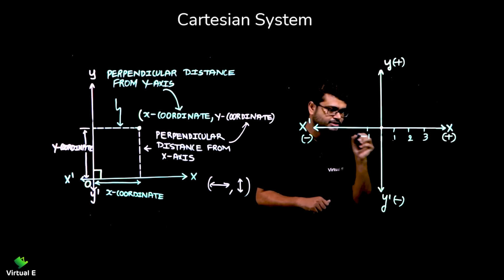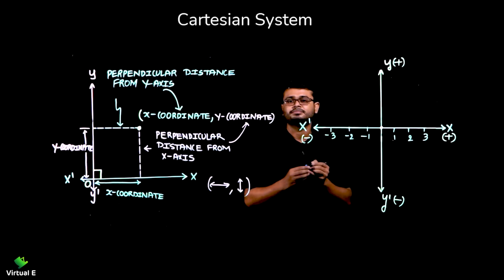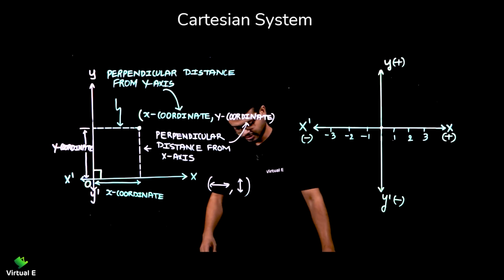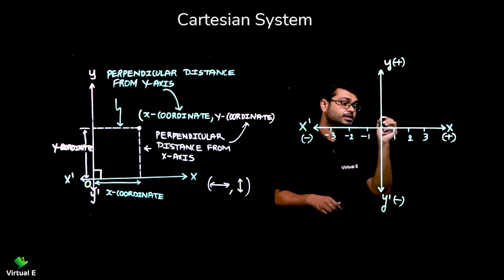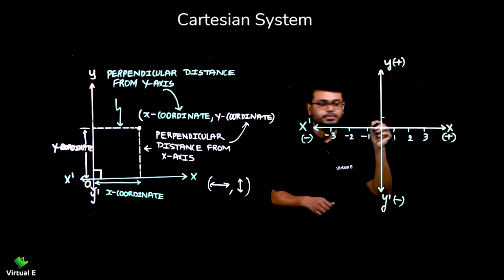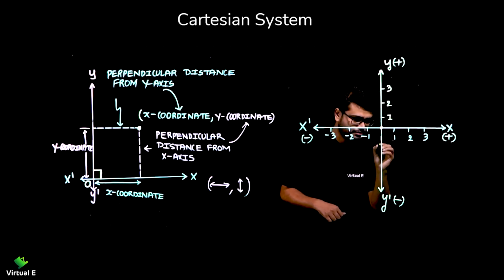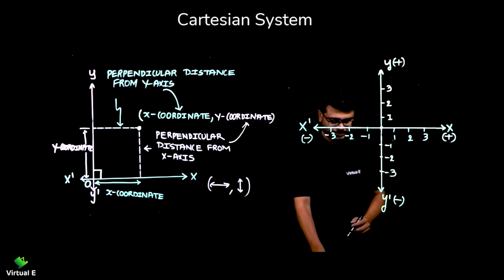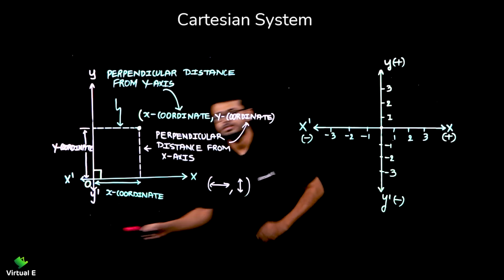Here -1, -2 and -3, correct? And for the y-axis, remember this is positive part, so 1, then 2 and 3, and here let's say -1, -2 and -3, and this is our origin from where everything starts.